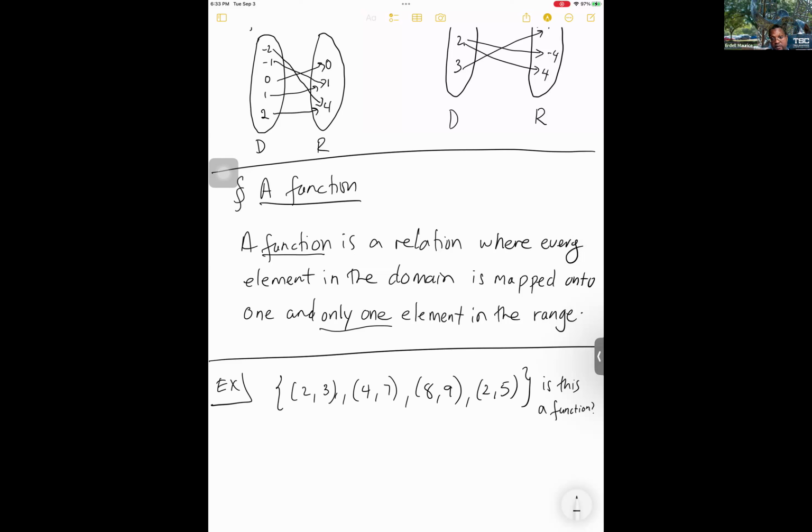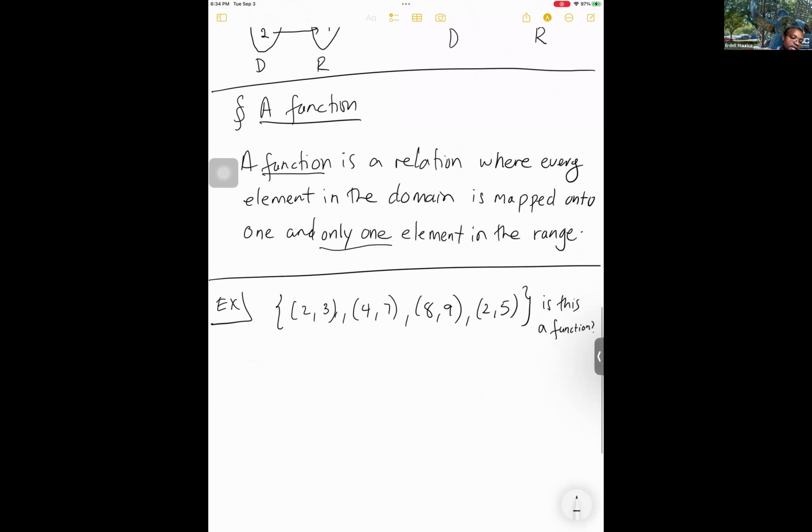Somebody help me out here. Is this a function? The answer is no, this is not a function.